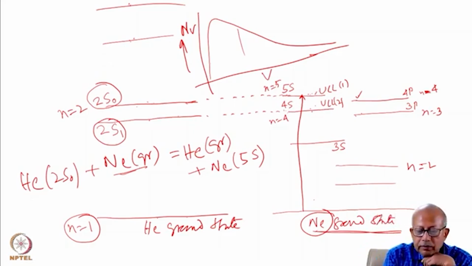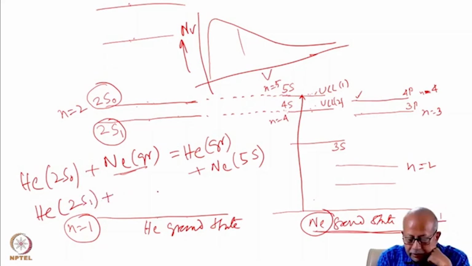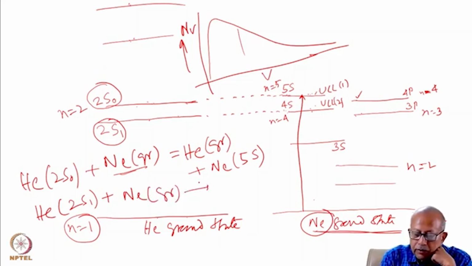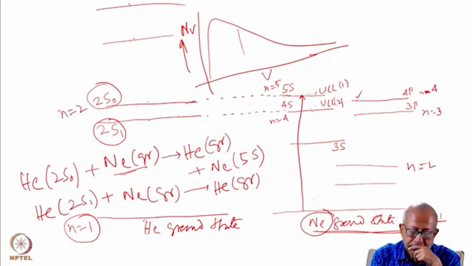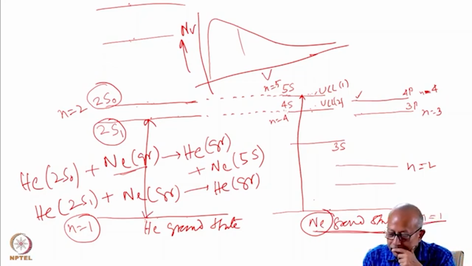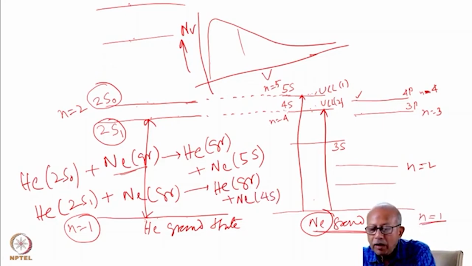And likewise, if the helium in this sublevel collides with neon in the ground state, the collision will also result in helium coming down to the ground state and transferring this energy of excitation to neon, bringing it up to this level. So neon will come to the second upper level.